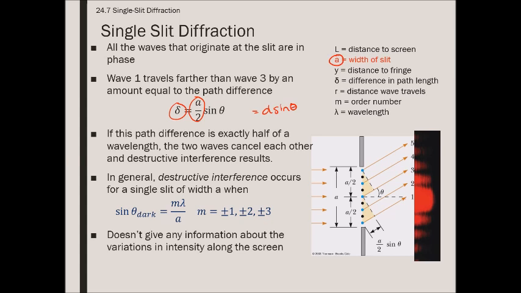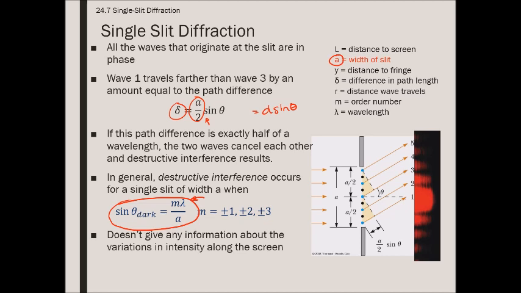So the path difference is exactly half the wavelength. When we have destructive interference, those two halves cancel each other out. So now we have sine theta dark equals m lambda over a. You'll notice that this is just m for destructive interference and not m over 2, because we've defined our delta, our slit, as being a over 2.